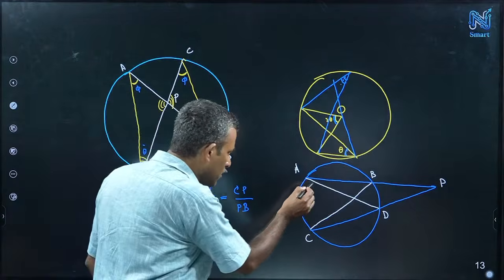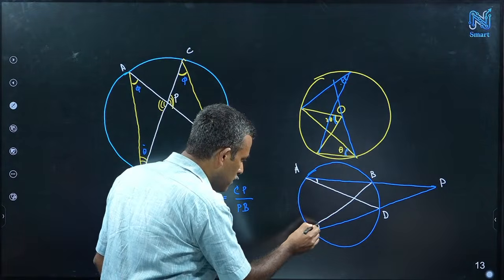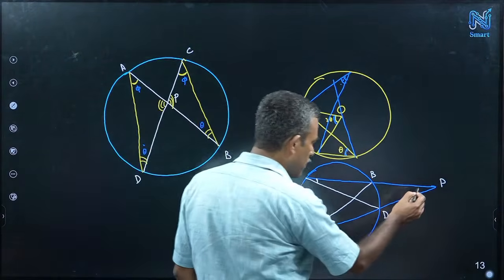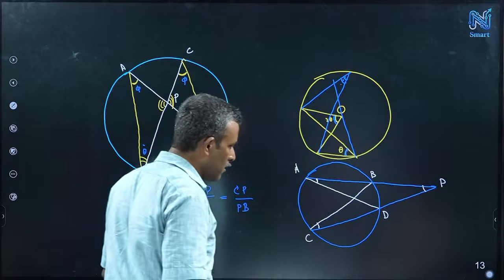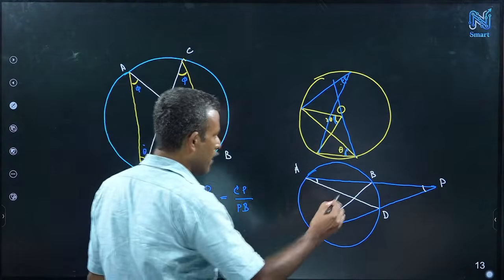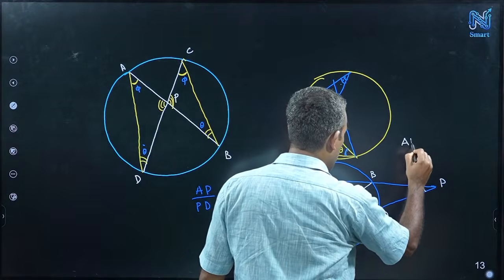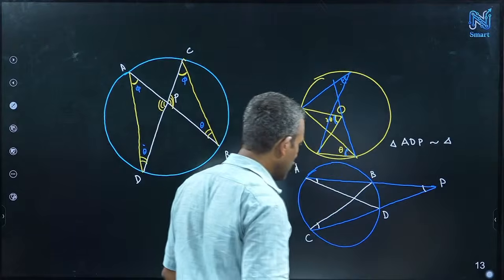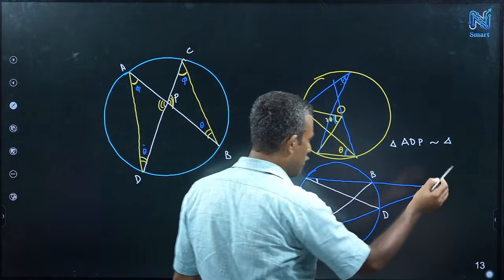Now which angles are equal? This angle same as this angle, and this is a common angle, right? Then triangle ADP is similar to triangle CBP.